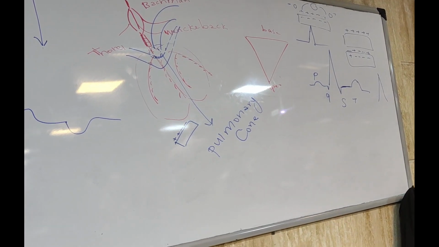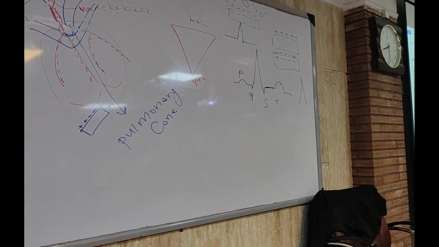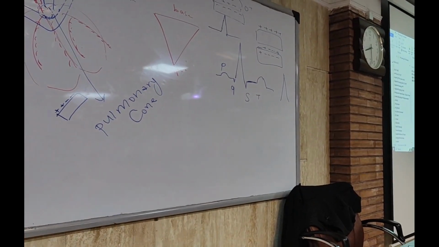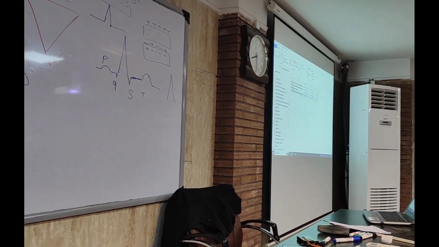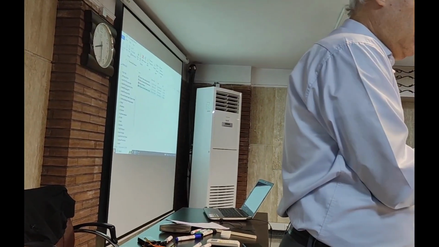So it is wholly logical that if I want to record electrocardiography, I should put two electrodes nearest to the heart on the body surface. Am I right?